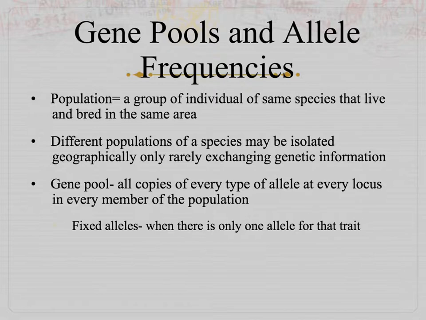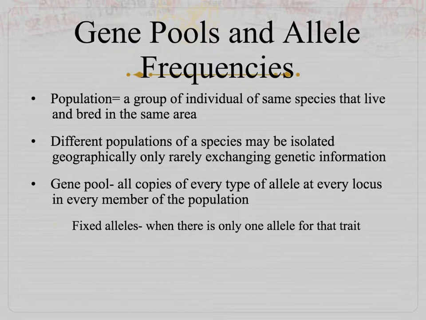A population is a group of individuals of the same species that live and breed in the same area. Different populations can be geographically isolated, which means they're somehow removed from the other population, and can therefore only rarely exchange genetic information because something is physically keeping them apart.